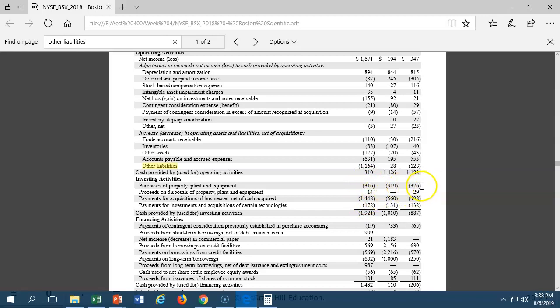So the way I read this, historically the purchase of property, plant, and equipment is about $316 million.